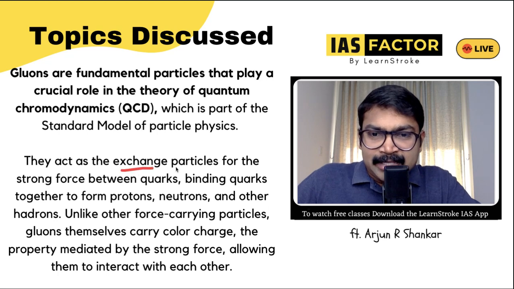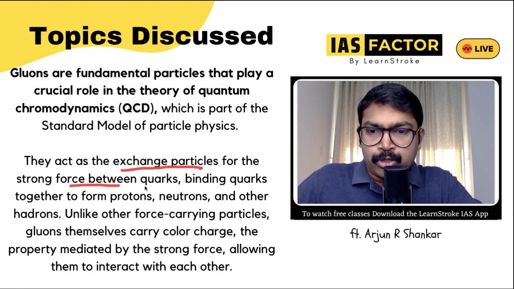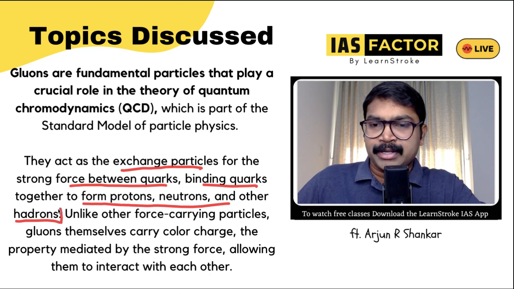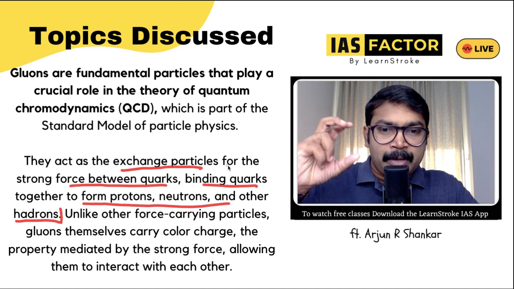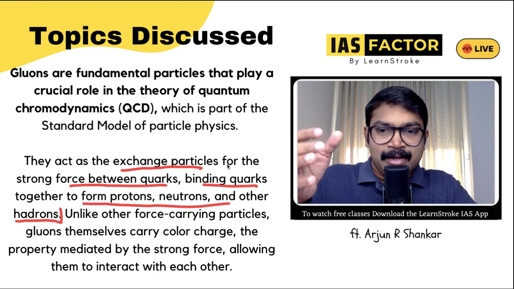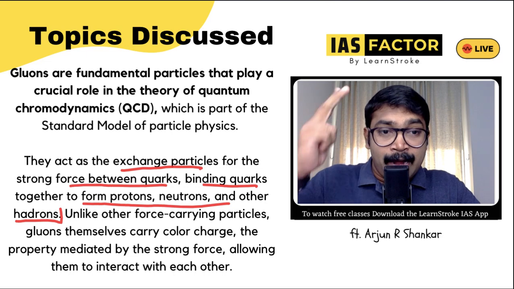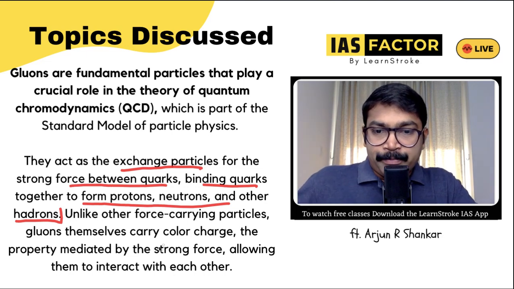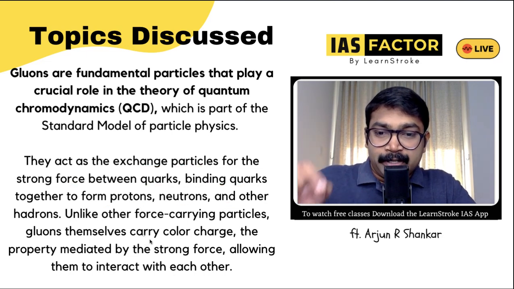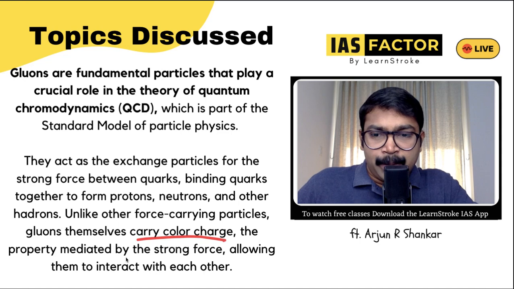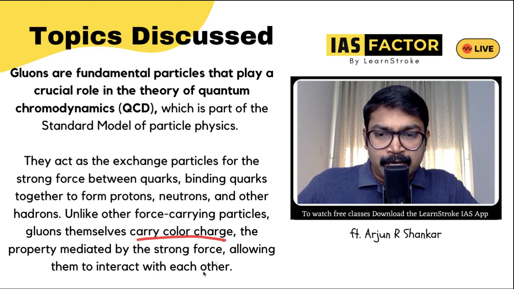They act as exchange particles for the strong force between quarks, binding quarks together to form protons, neutrons, and other hadrons. This is the important particle mediating quarks to bind together. Quarks and gluons also carry color charge, the property mediated by the strong force, allowing them to interact.